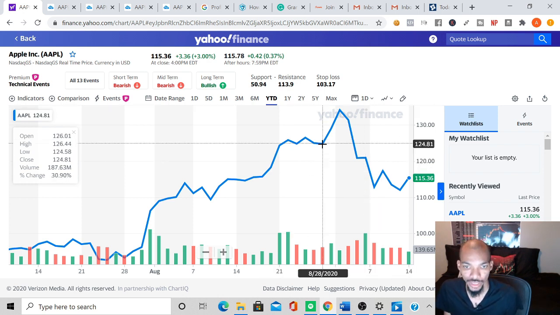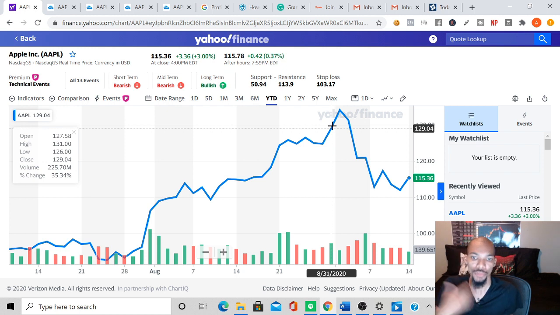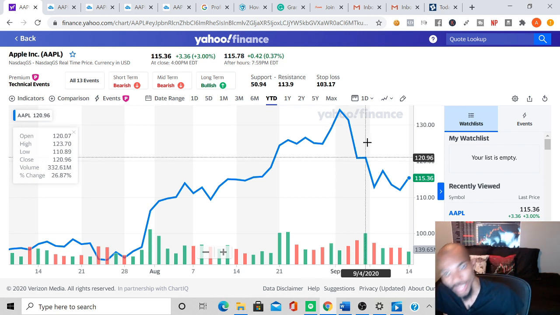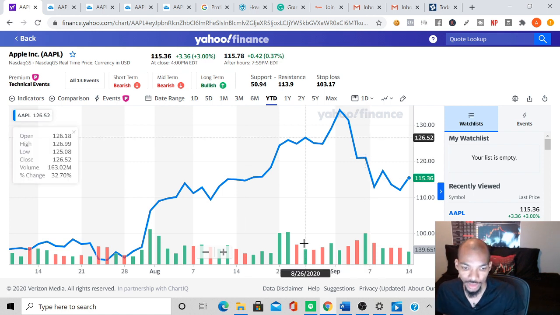So if the stock price goes up, more people are buying, and if the stock price is going down, more people are selling. The actual colors, I wouldn't pay attention to too much because they can confuse you. But if you want me to explain the colors, I'll do it in the candlestick section.